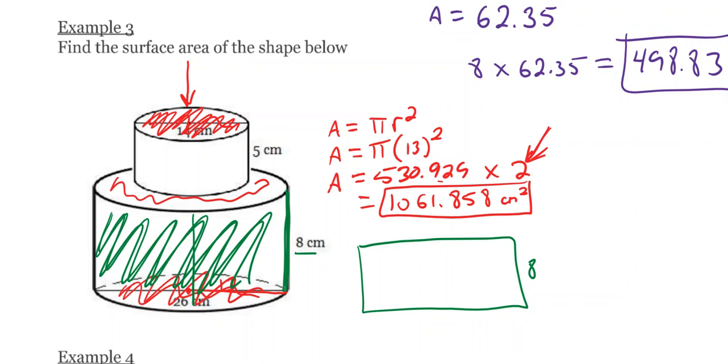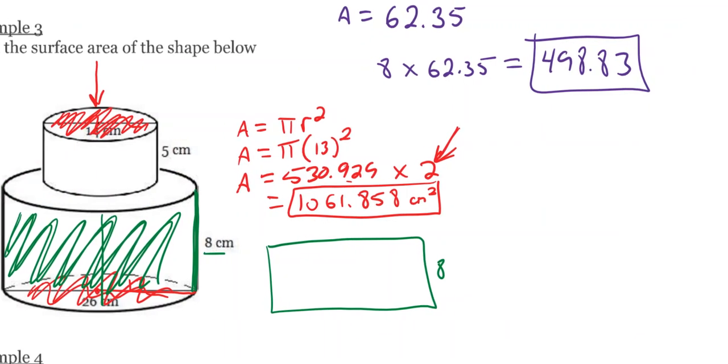Now the top is the circumference of this circle. The circumference is on your formula sheet if you can't remember: the circumference is equal to 2 pi r.